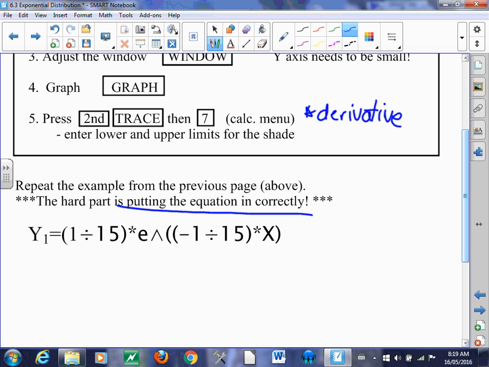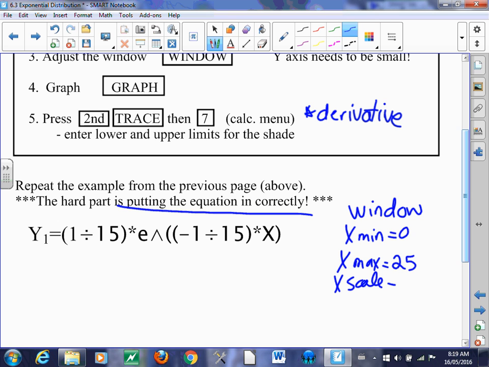Okay, to set your window, we'll do some windows up here. So you should have x min equals 0, x max equals 25, because that's the upper limit of that, and we'll go x scale equals 1.